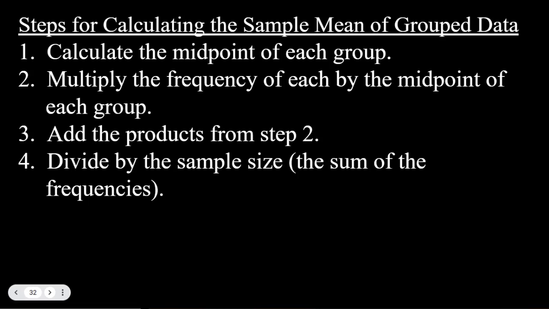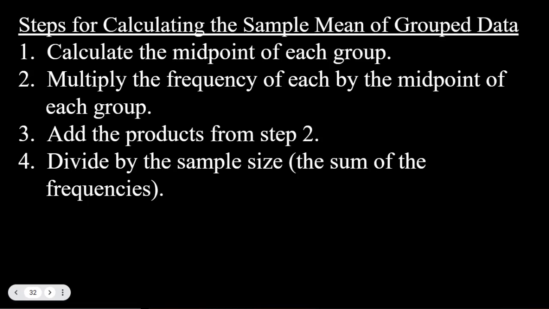Steps for calculating the sample mean for grouped data. So this is not exactly what we just did. This would be where we don't know the individual values, but we know the group values. So the way we would do that is, first, we'll calculate the midpoint of each group. Then we will multiply the frequency of the group by the midpoint of the group, just like we did with those individual values on our last example.